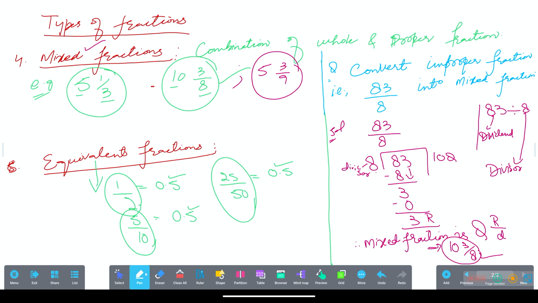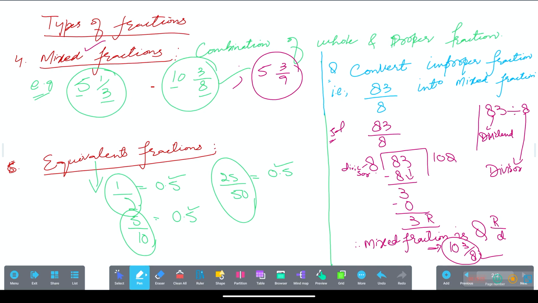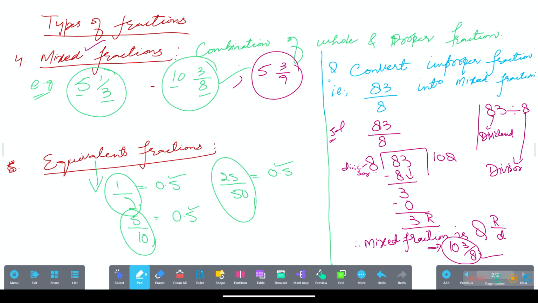Now, if you have to define equivalent fractions: fractions that, by the presence of their numerator and denominator, look different. See, 1 by 2, 5 by 10, 25 by 50, they look different.